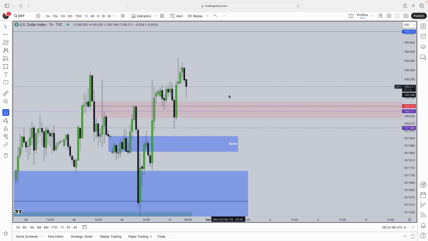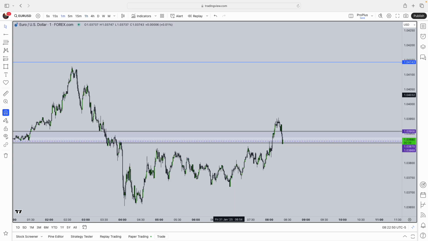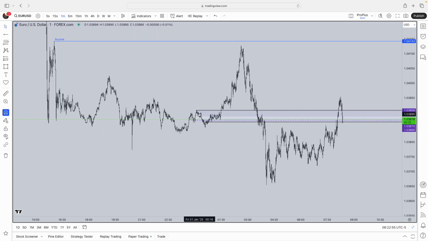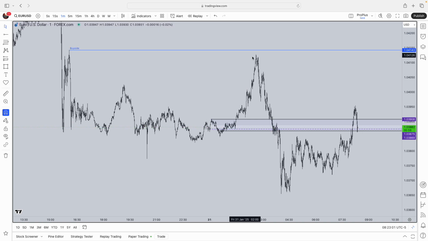So looking on the lower time frame for euro, if we're looking at euro longs, this is the midnight opening range. So price ran up higher, left these beautiful equal highs here, tanked lower during London.